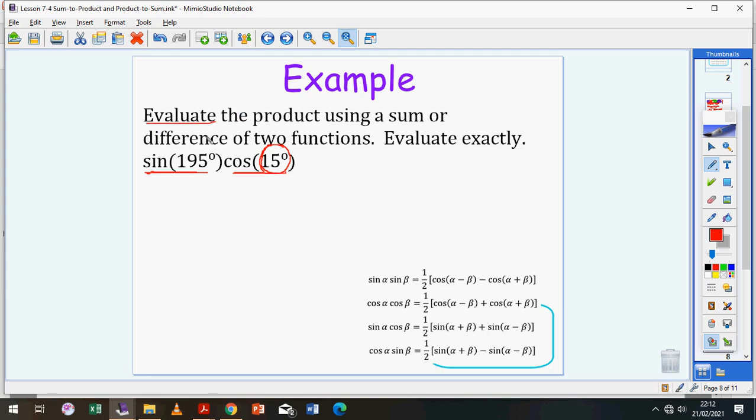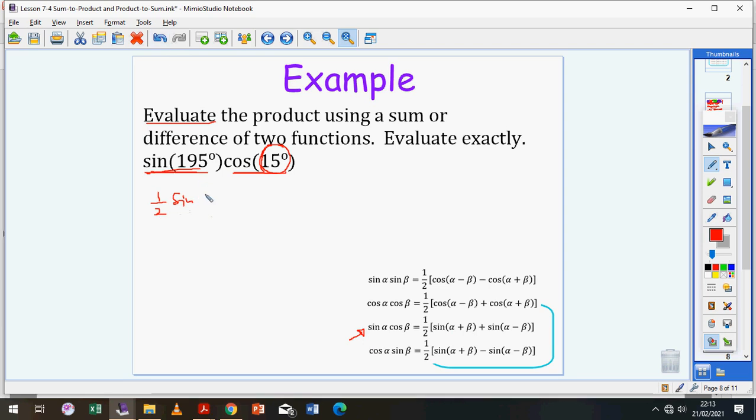So which of these formulas is the product of sine and cosine? It's the third one here. What does it turn to? Half sine sum of the angles plus sine difference of the angles. This is going to turn into half sine, open brackets, very big brackets.